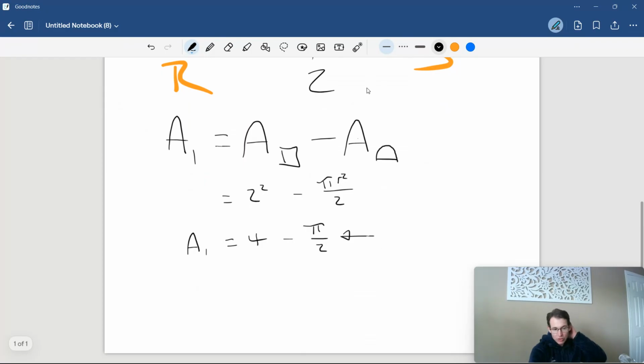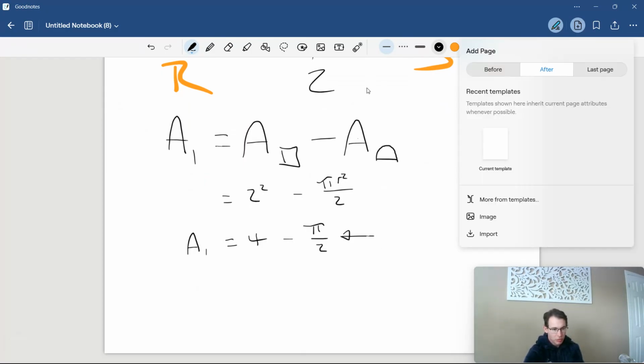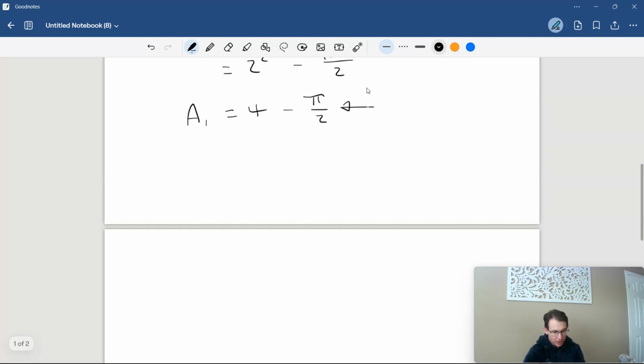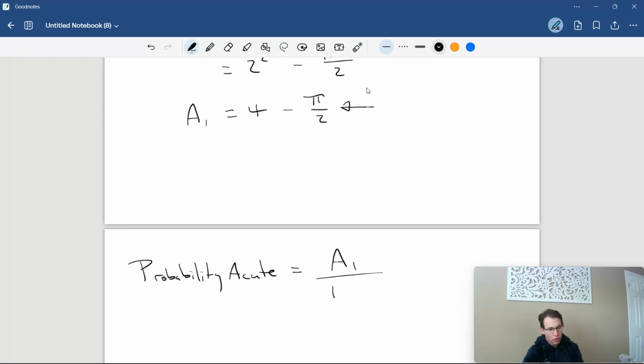If I want the probability that it's acute, that would be A1 divided by the total area of the square.